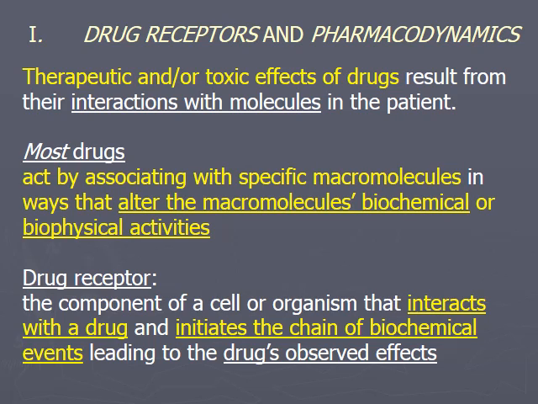For many years we didn't really know the connection, but now we know that there are receptors that are the first response in drug action. And so when a drug binds to a receptor, something happens. Right? So the receptor can be defined as the component of the cell or organism that interacts with the drug and that initiates a chain of biochemical events that leads to the drug's effect.